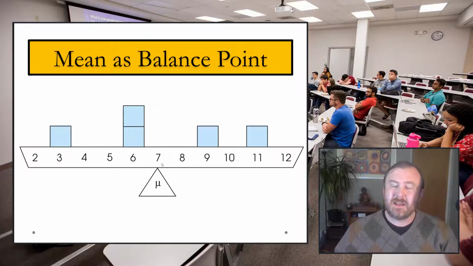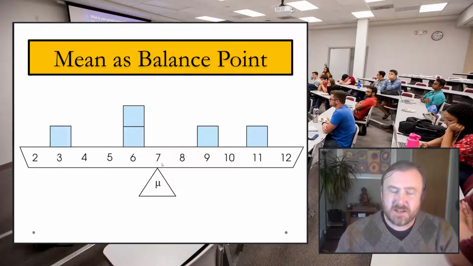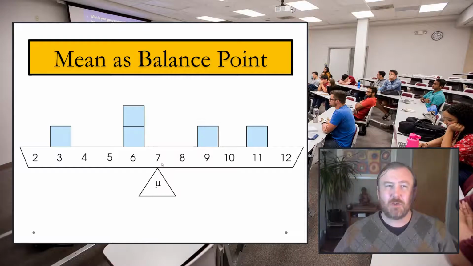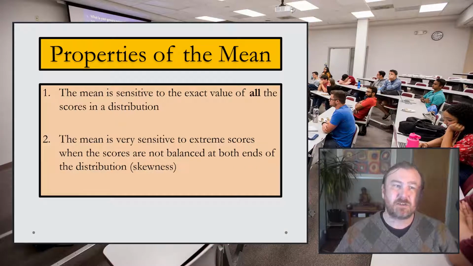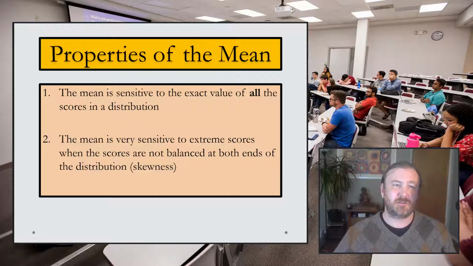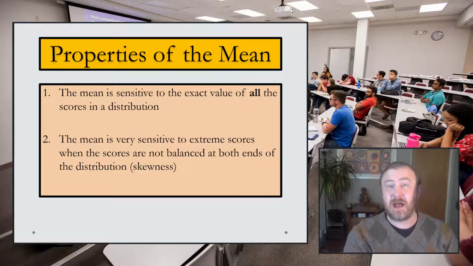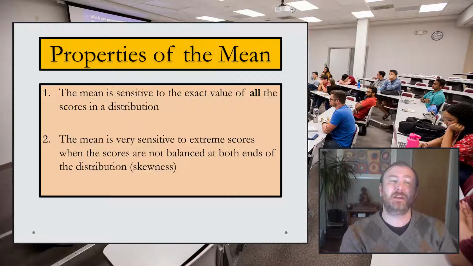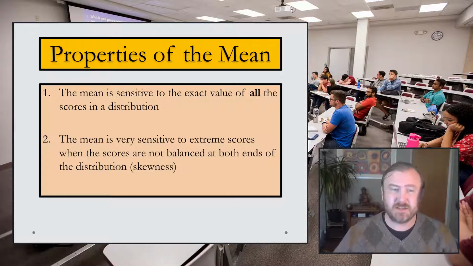The mean is sensitive to the exact value of all scores in a distribution. So if we have an extreme score that's way, way high or way, way low, this is going to skew the shape of the distribution, and the mean is still going to try to balance it out, and it might not be the best measure of central tendency.